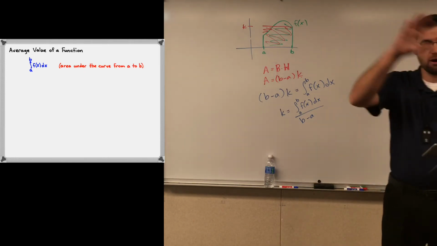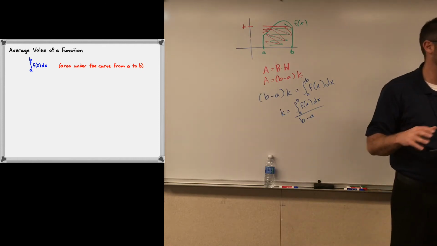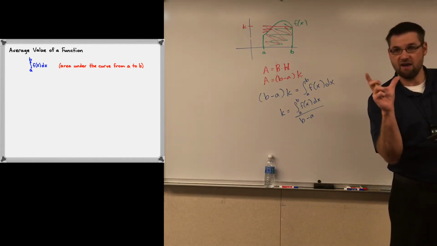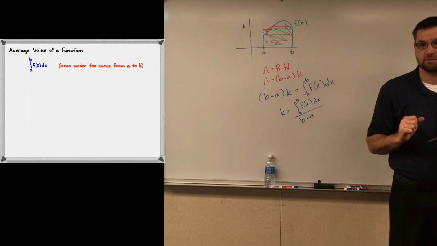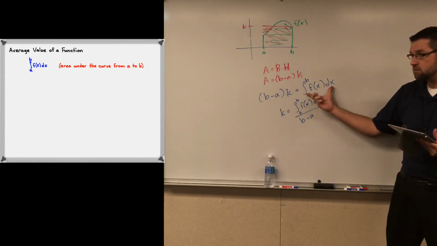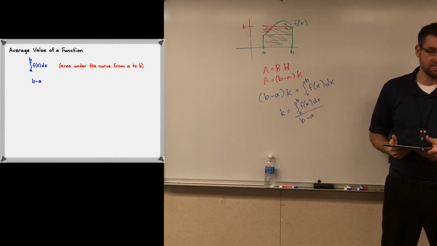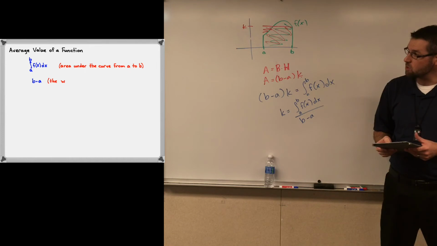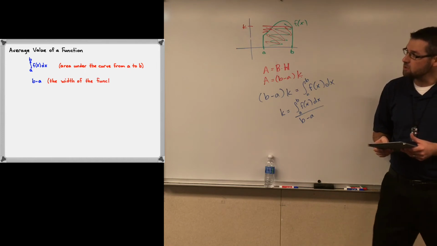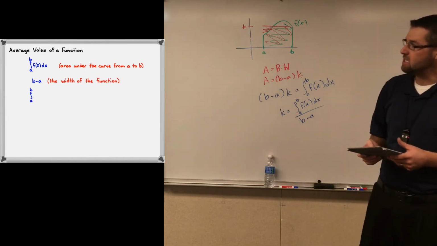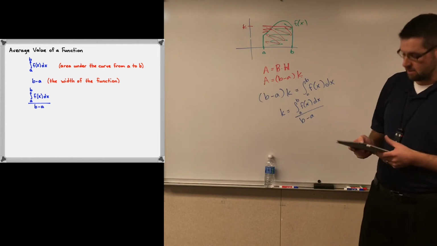Since I want a rectangle, if I have the area and I have my width, how do I find my height? Divide. So this is the area. We divide it by the width, right? So b minus a is that width. So we're going to take those and just divide it. So the average function is equal to that.